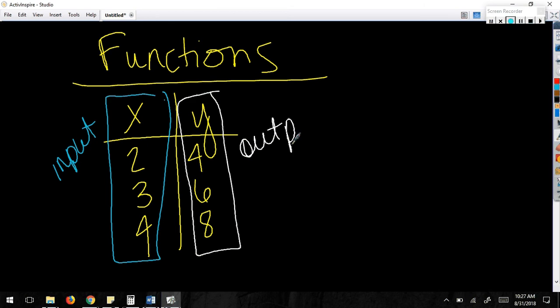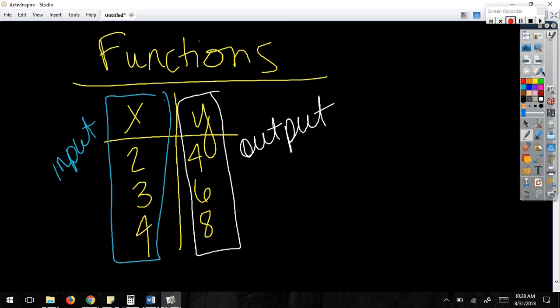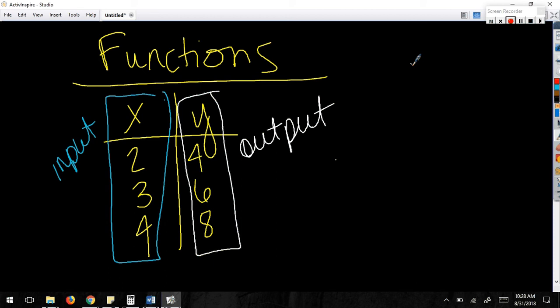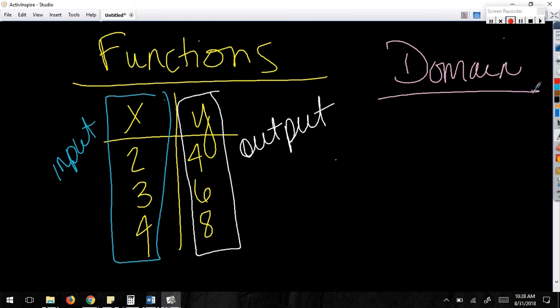But when we get to this point, we also describe all of the x's in a function as something else. Do you know what word we use to describe all of the x's in a function? X. All of the x values. It's the domain, okay?